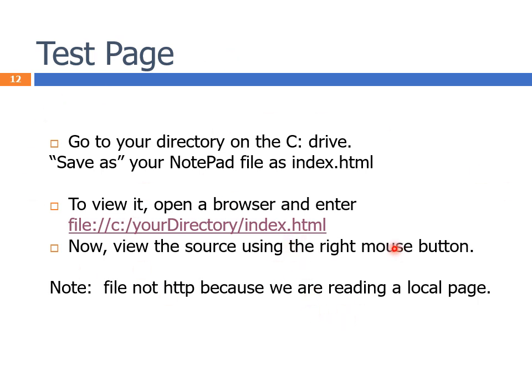You can try testing it by dropping the previous HTML code, the hello world, the ABC code, inside it, and check what's going on inside this page. Please know that the directory of this page is going to be file, C, and so on. It's not going to be HTTP because it's a local page.